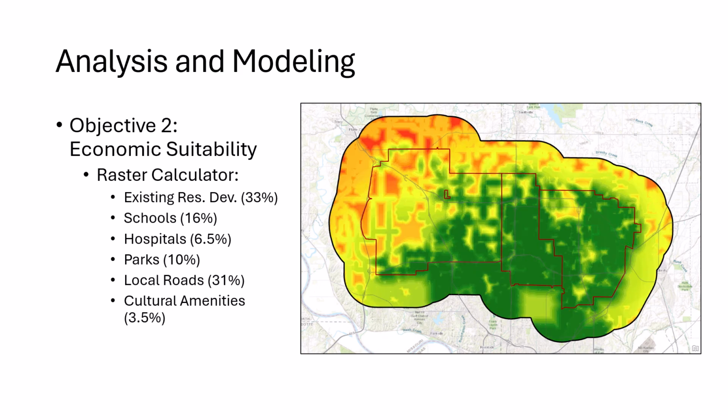So then for the economic suitability, I did the same thing. I combined multiple rasters together, but I did so using a weighted average. For this, you can see the various weights here on the screen, and that it very much favors existing development and proximity to local roads.